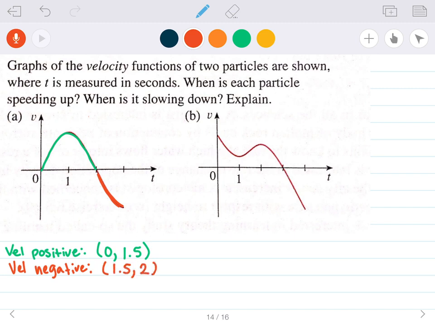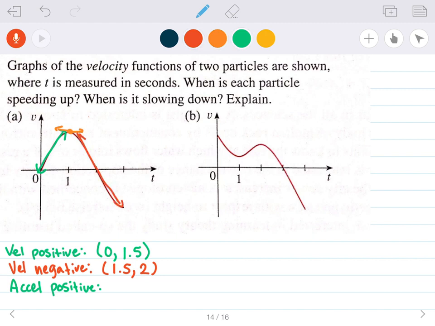All right, now let's talk about acceleration. Remember, acceleration is the derivative of velocity, and so we're looking at the tangent lines to the velocity graph. So acceleration is going to be positive right here, and right here it looks like it's going to be 0. And right here it looks like it's negative.